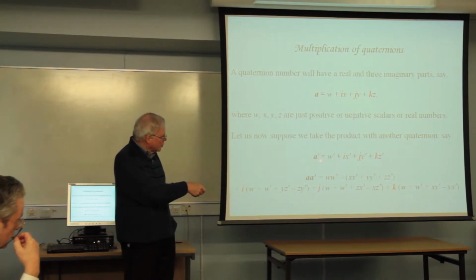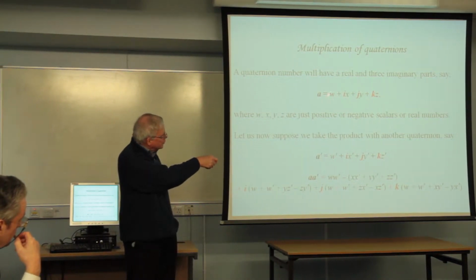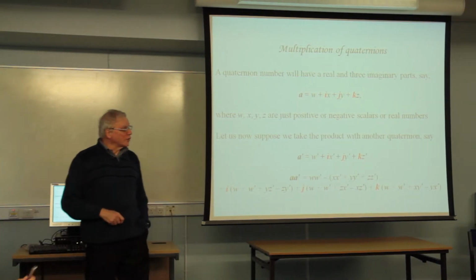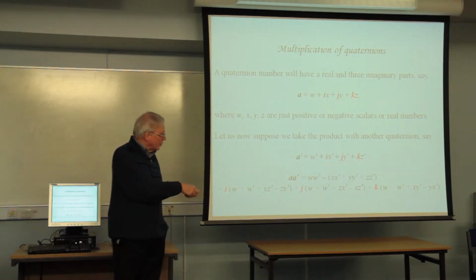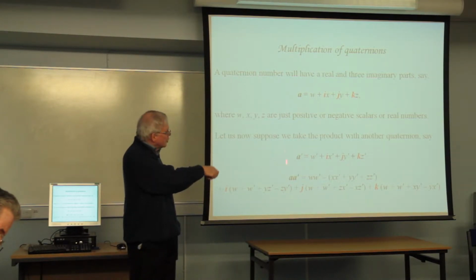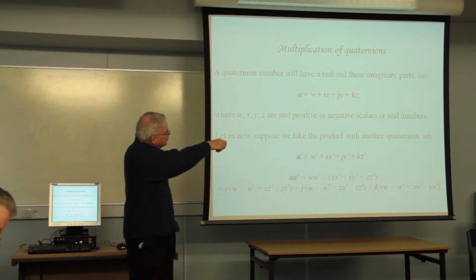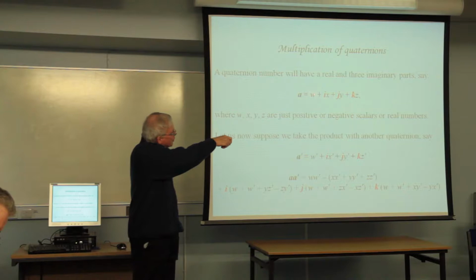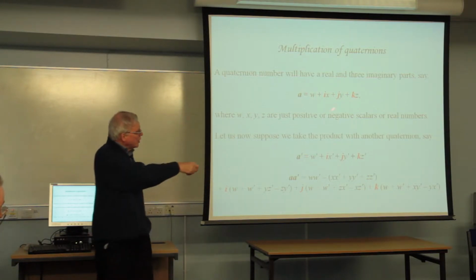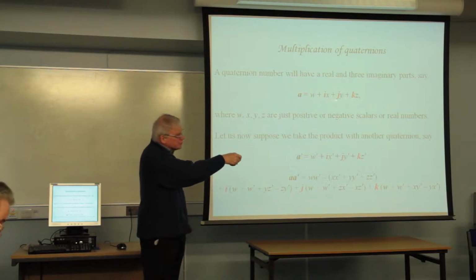So it's an object of the same kind as the 2 objects which created it. Now Hamilton called this part, the w, the scalar part of the quaternion. This is the real part. And he called this the vector part of the quaternion. So they had a scalar and a vector part.